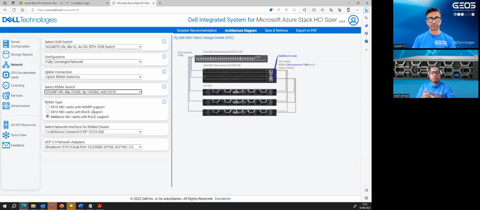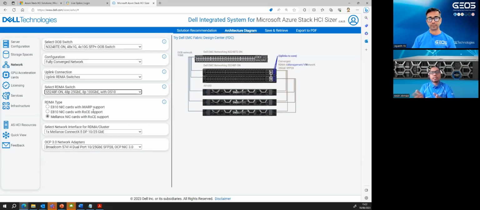Most modern data center switches support RoCE, so it's just a matter of different configuration between vendors. But if you're talking about the edge, usually broadband switches don't have these capabilities.